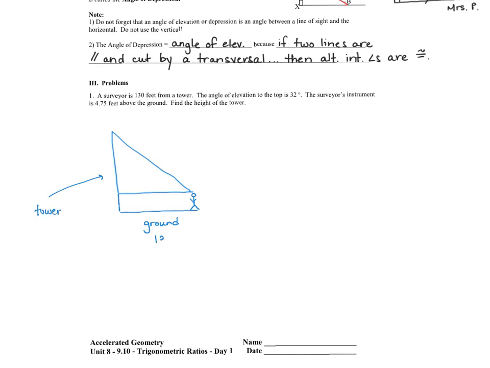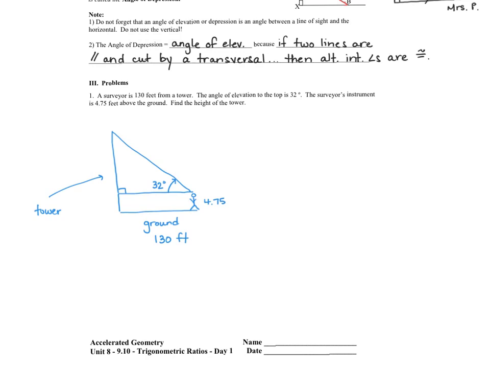The person is 130 feet from the tower. The angle of elevation to the top, the angle of elevation is always from the horizontal to the line of sight. So that's where the 32 degrees goes. And the surveyor's instrument is 4.75 feet above the ground. It wants us to find the height of the tower.